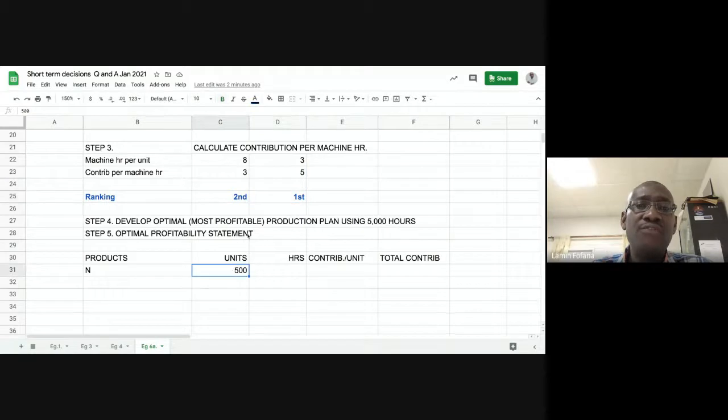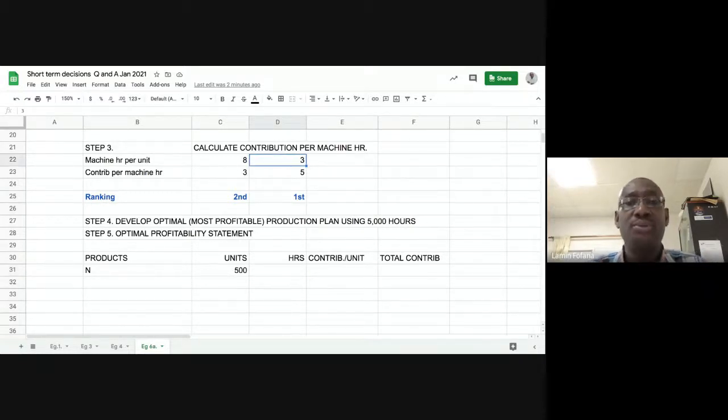So if we produce the whole of product N, that means we are producing 500, because that is what is budgeted. Simple. No rocket science. If we produce the whole of N, how many hours are we going to utilize? Each unit of product N needs 3 hours.